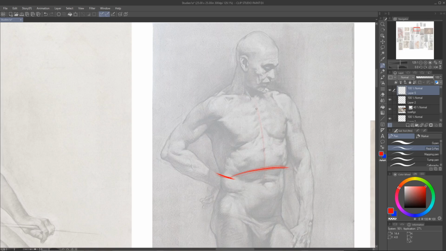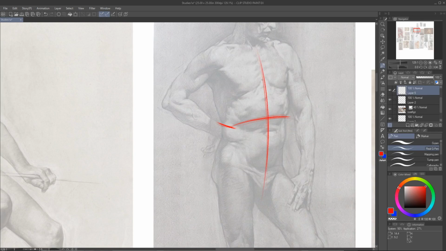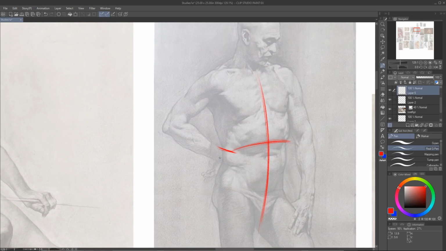So I'm going to go down like that, down to the pit of the crotch, where it kind of curves like that. Oh, and I can see the angle of his hips right here. The tops of the bones of the hips right there at this angle.